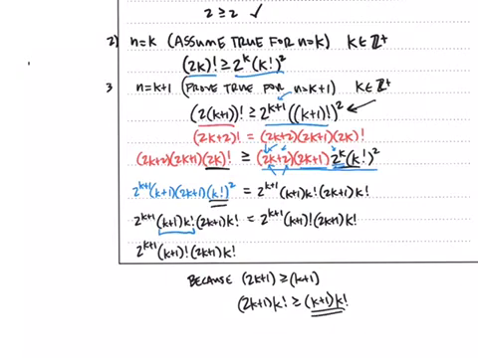And this just happens to be (k+1)!. Therefore, this expression, 2^(k+1) times (k+1)!, I have not changed anything, but this expression underlined in green is going to be greater than or equal to (k+1)! for these reasons down here.